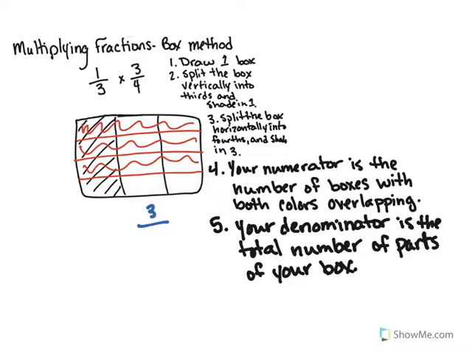To find our denominator, we're going to count up how many boxes there are total. So we have 1, 2, 3, 4, 5, 6, 7, 8, 9, 10, 11, 12 boxes total. That is our denominator. Now, our last step will be to simplify.